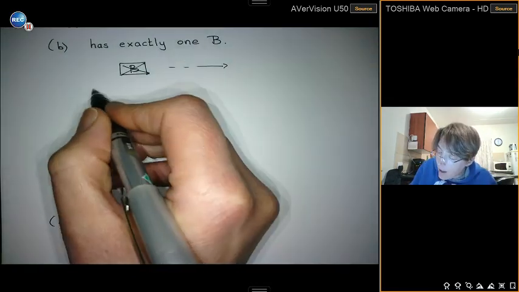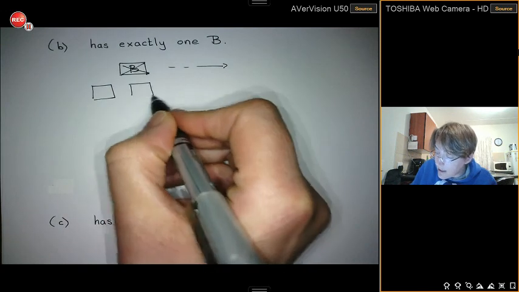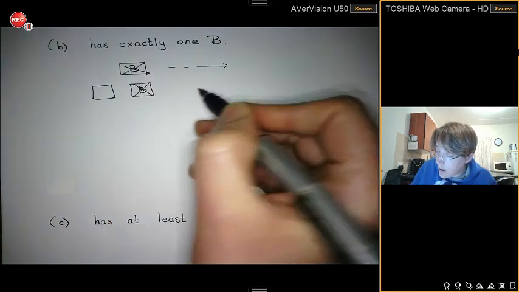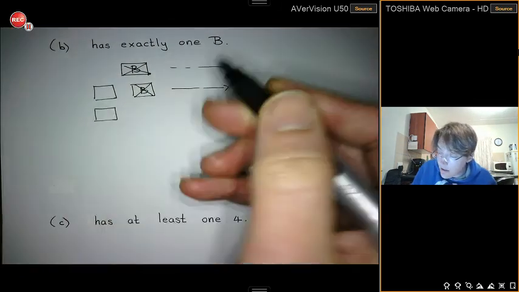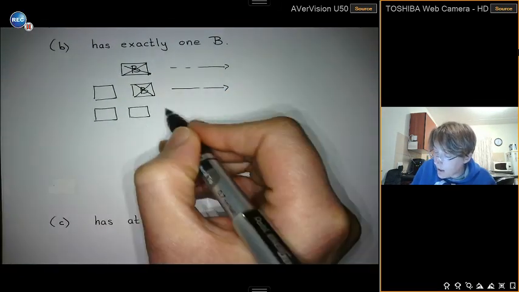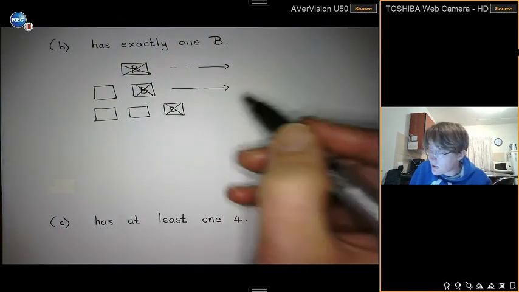Or I could have a different letter in the first spot, B in the second spot, and then the rest are all different. Or I could have a different letter than B, a different letter than B, and then B in the third spot, because remember we allowed 3 letters, and then the rest.